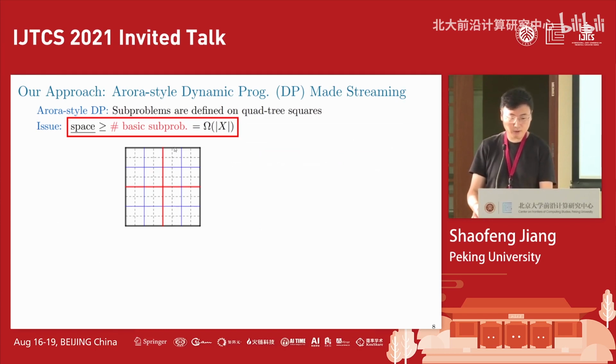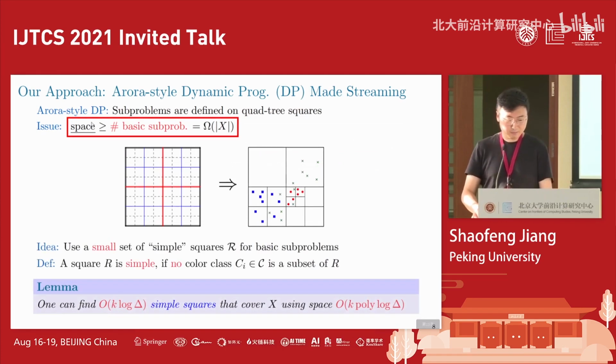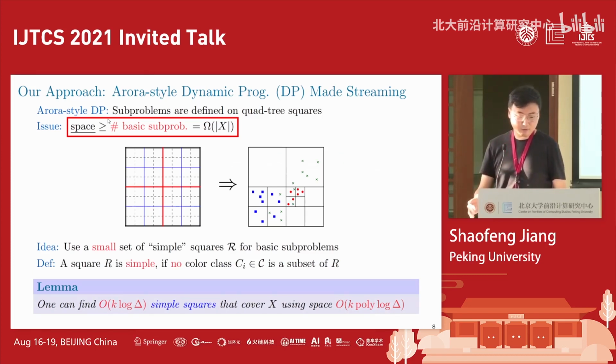However, what we can do here is to use an alternative set of basic subproblems. Basically, we want to use a small set of simple squares to replace these very small singleton basic subproblems. These simple squares could be larger, could consist of many points, and eventually we want the number of simple squares to be small.